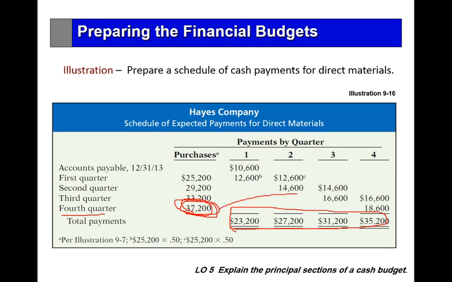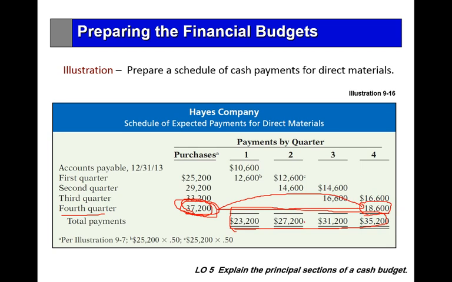Half of this amount, 50% of this amount, is expected to be paid in the fourth quarter, and the rest is expected to be paid in 2015. If we expect to pay half of this amount, then the other amount will be paid in the next year.